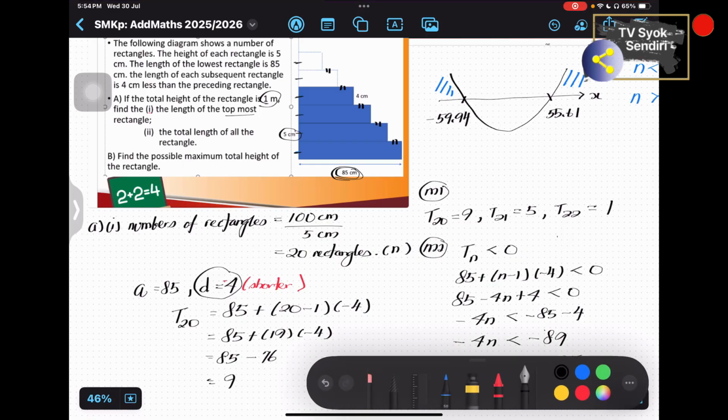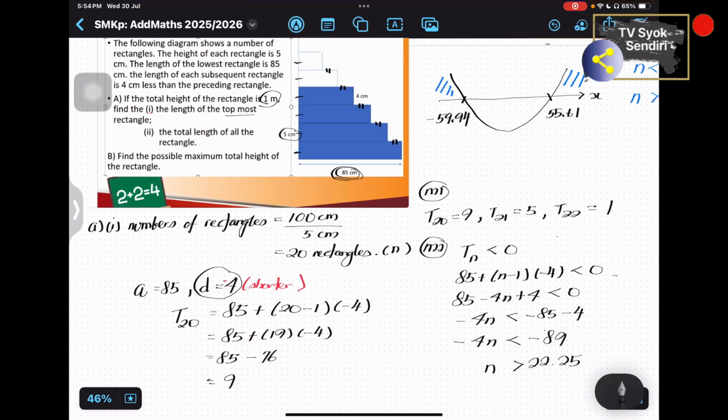Oh, sorry. I think I'm using the wrong direction of it. It's this part. Your Tn cannot be negative. Your Tn must be positive, because it's the length of the rectangle. So regardless of which Tn, your Tn still needs to be greater than 0. Sorry for my careless mistake here.